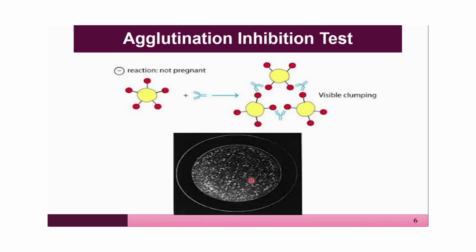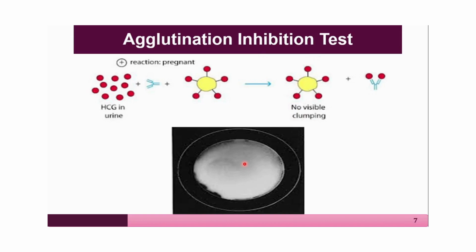In the previous example, the latex beads are agglutinated. So agglutination of the latex beads indicates the urine sample is negative for HCG, whereas non-agglutination of the latex beads indicates the urine sample is positive for HCG.